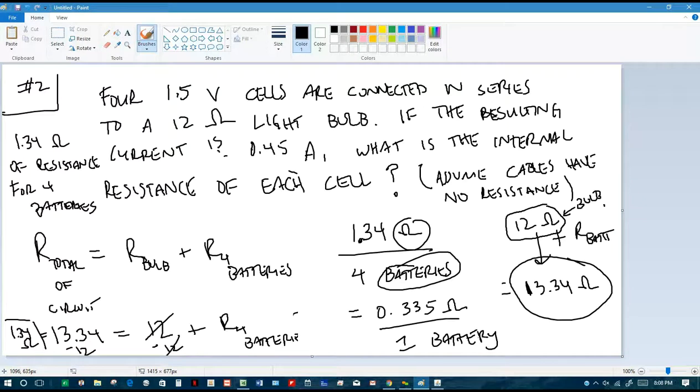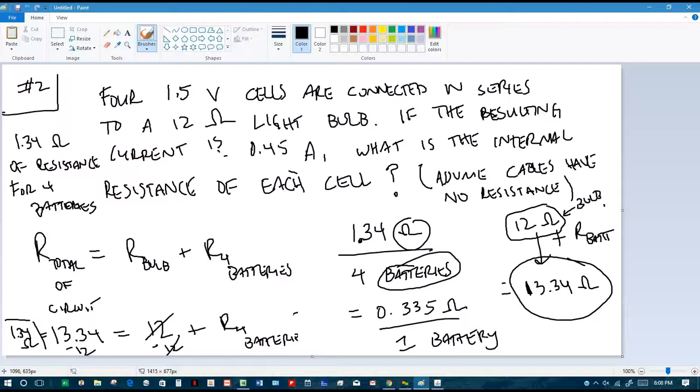All right? Good on that one? Notice, what did they assume was negligible in this problem, number 2? You read through it. What did they say right at the end? It says, assuming they are identical and the resistance of wire is negligible. Assuming that the wires have no resistance. In the real world, is that true? No. In the real world, those cables and wires do have some resistance. So in the real world, would it still be 0.45 amps flowing in the circuit?